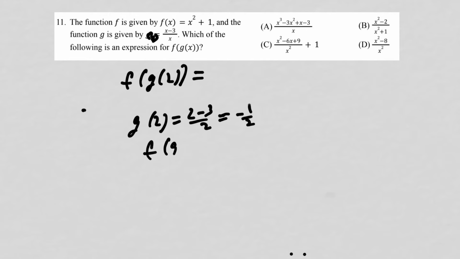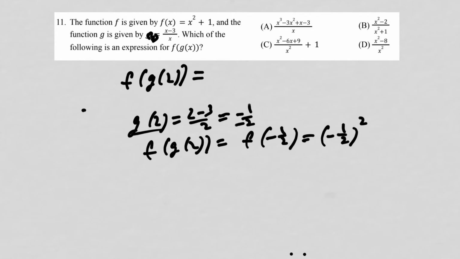So f of g of 2 is the same thing as f of what we established as negative 1/2, and then you would plug negative 1/2 into the f function. That's the idea. Now, they don't have numbers here, just f of g of x.